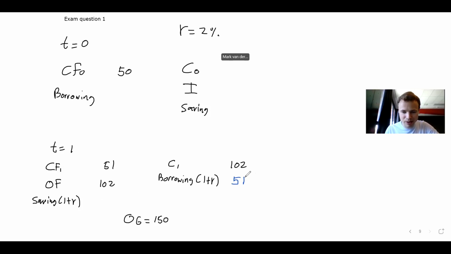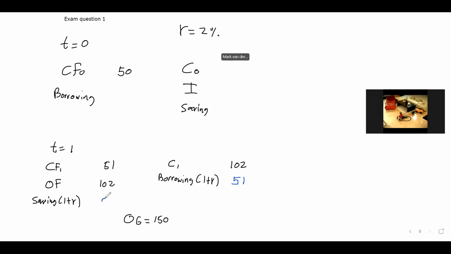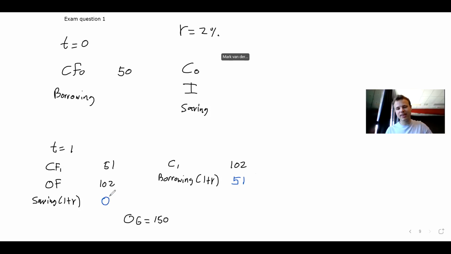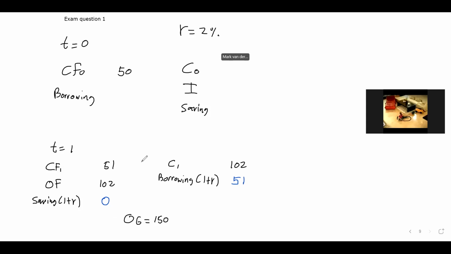And then if I borrowed probably. So did I save? Yeah, you did save. I didn't, right? Because I borrowed. So do you understand how I got those blue numbers here? No, actually, because if you earned 153 and you just spent 102, why don't you save the money?